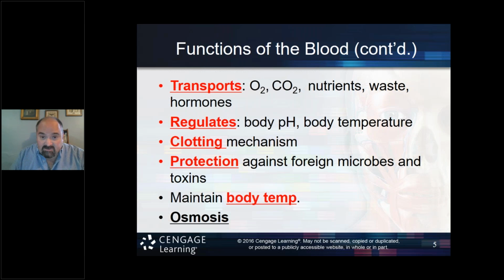We have oxygenated blood go into those tissues, and then we have the deoxygenated blood coming from systemic circulation into pulmonary circulation in order to get removed from the body upon exhalation. Nutrients, waste, and hormones are also present within the blood, very important to move them from one location to another. Regulation of our body's pH, and also helping with regulating temperature.